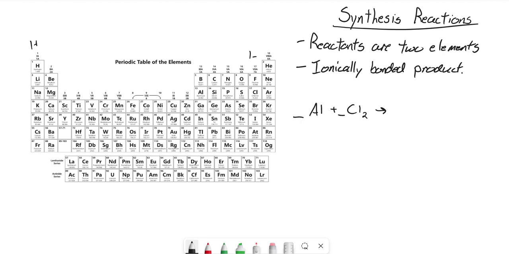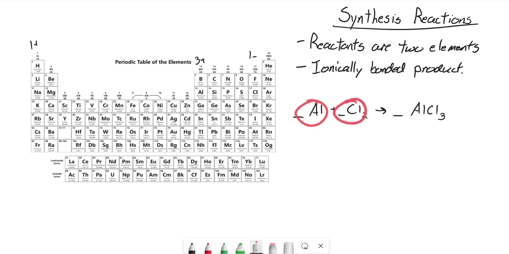So to predict the product, we consider that the charge of aluminum is a 3+, according to what my periodic table says, and that the chlorine is a 1-. So to get that formula, again, we crisscross the charges, and that gives us AlCl3 as our product.